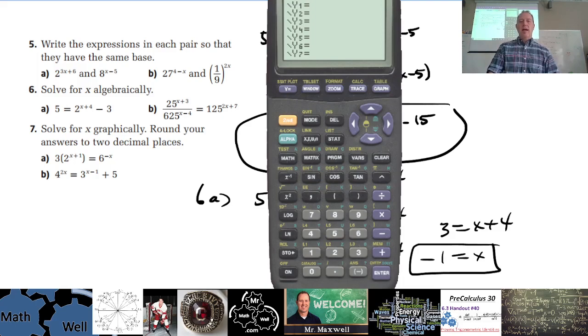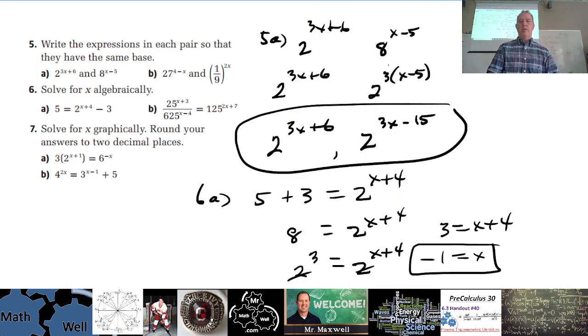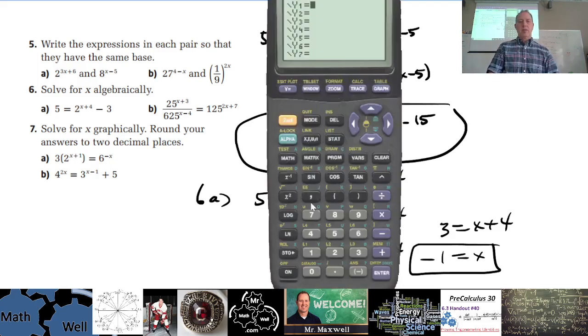You would literally type in the left side as one y equation. So you go 3 bracket 2 to the power of, and you probably want to use brackets here, x plus 1. So that's the left side. And the right side would be 6 to the power of negative x.